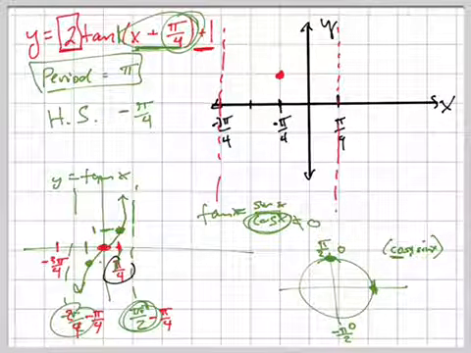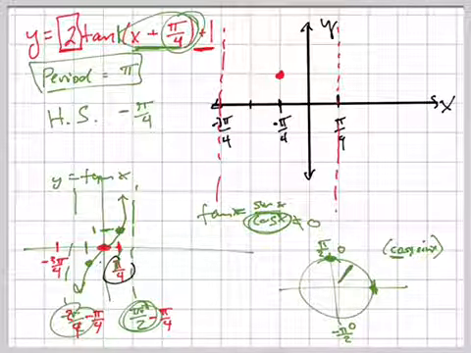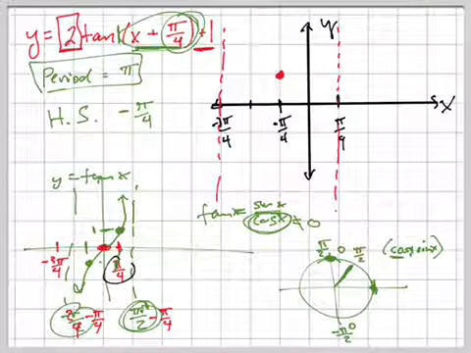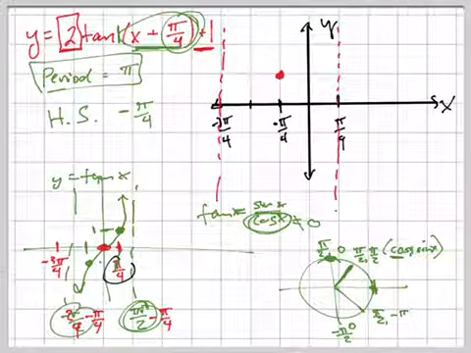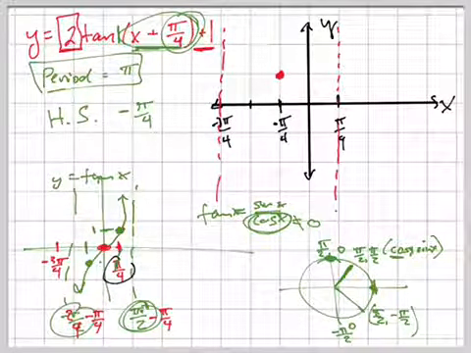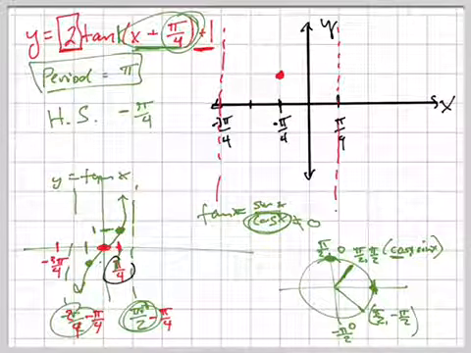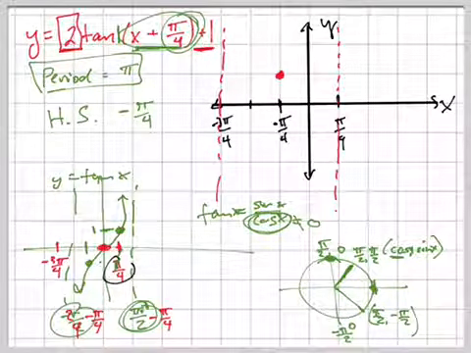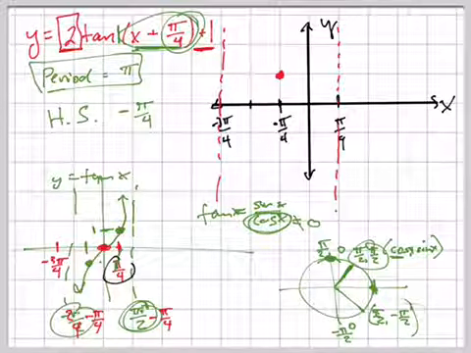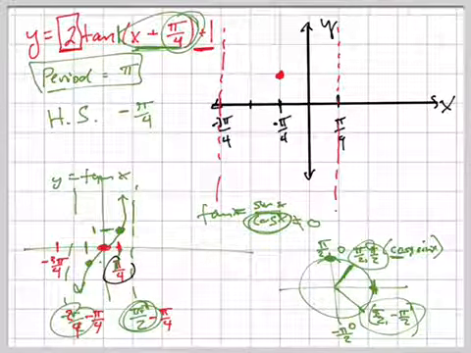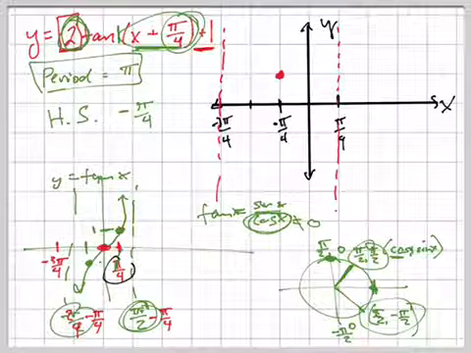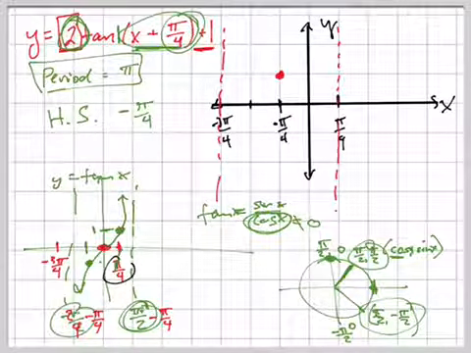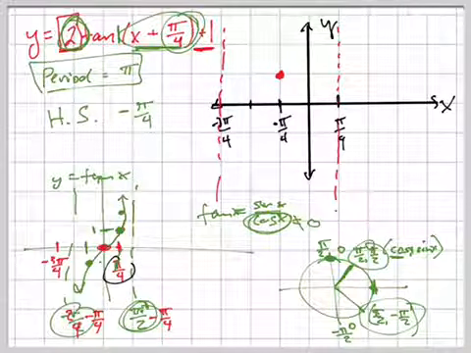If you think of your unit circle, the tangent at both of those points, your 45 degrees, your pi over 4s, are 1 and negative 1. Sine divided by cosine. You follow? That's why that point is usually there. But if you have a 2 in front here, it doubles, so instead of being 1, it becomes 2. It stretches the graph out.